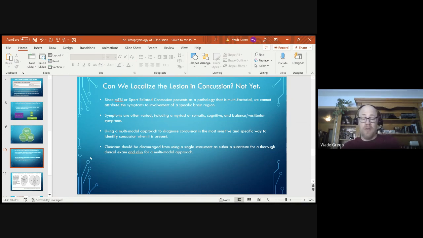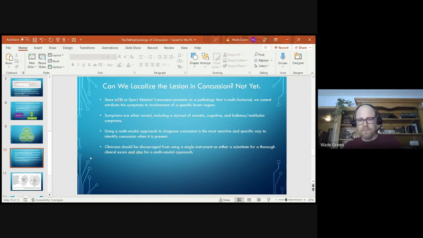In order to have the best outcome and idea of what's going on, and be sure, we need to use a myriad, or a multimodal approach. A multimodal approach to concussion is best, and that's the most sensitive and specific way to diagnose concussion.